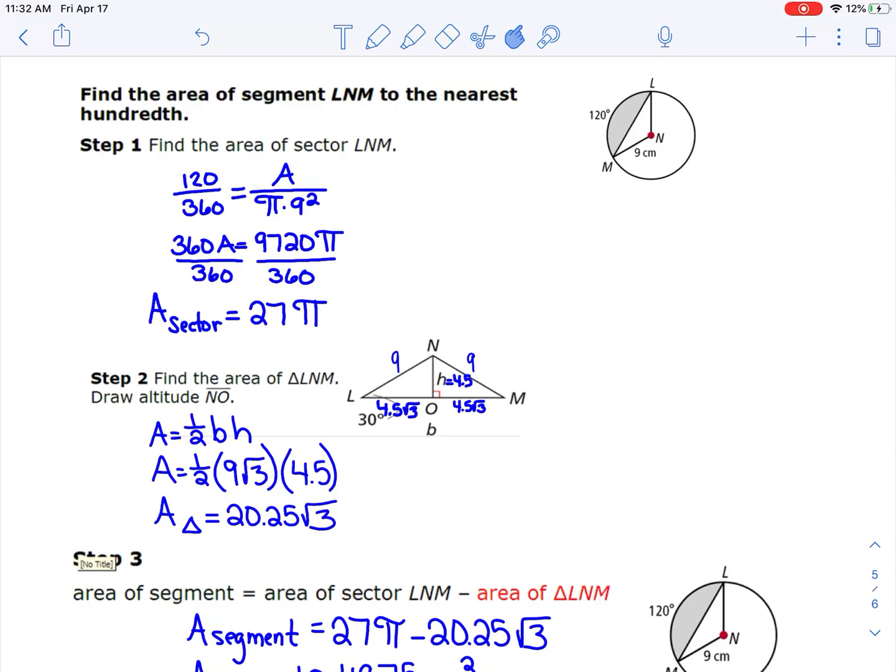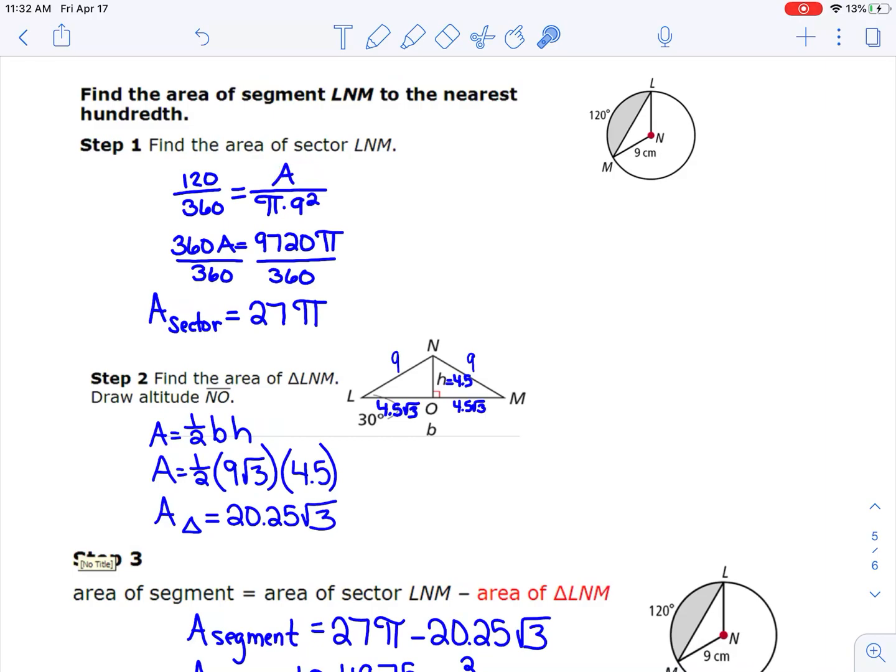So we're going to go through these steps to find the area of segment LNM to the nearest hundredth. Starting off with step 1, we need to find the area of sector LNM. So we will start by setting up this proportion. We take the degrees of our intercepted arc measure, which is 120 degrees, over 360 degrees.